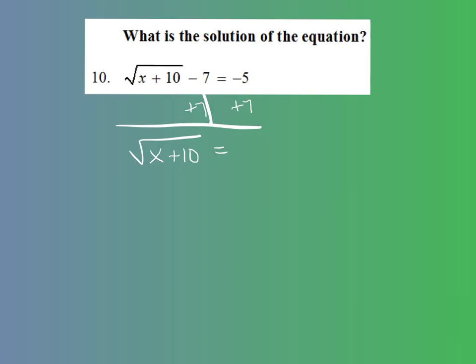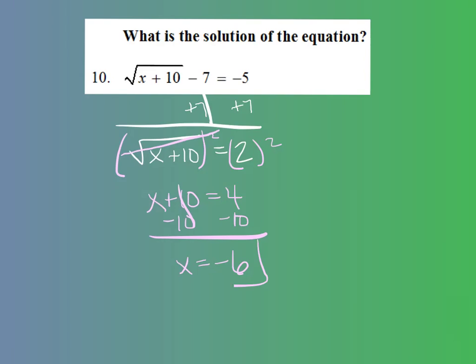So now what I'm going to do in order to get rid of this radical is I'm going to square both sides. The square and the square root cancel out, and I'm left with x plus 10 equals 4. Now this is just a simple equation that we can go ahead and solve by subtracting 10 from each side, which gives us x equals negative 6.